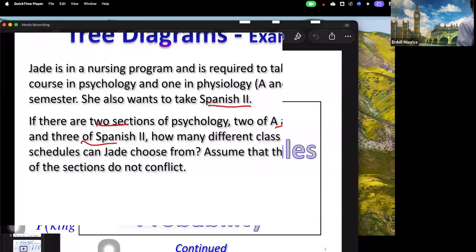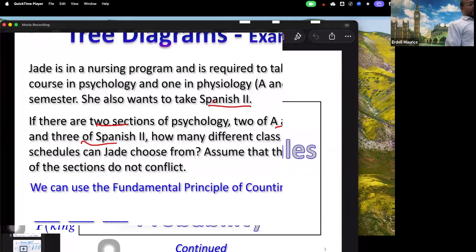If we want to use the FCP to solve this problem, how many options does she have for psychology? How many choices can she make for A&P? How many choices can she make for Spanish? So how many different class schedules can she choose from?